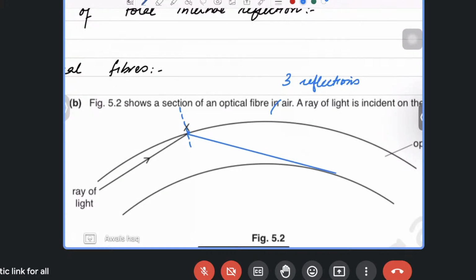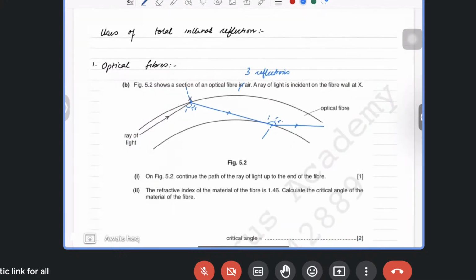Make 3 reflections if it is possible. If it's not possible, it's all right. But the angle i and r should be the same, and it should keep on going like this. Is it clear?